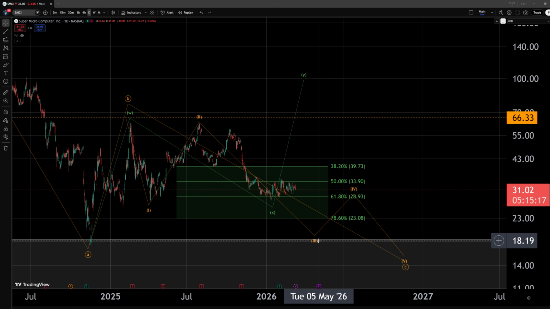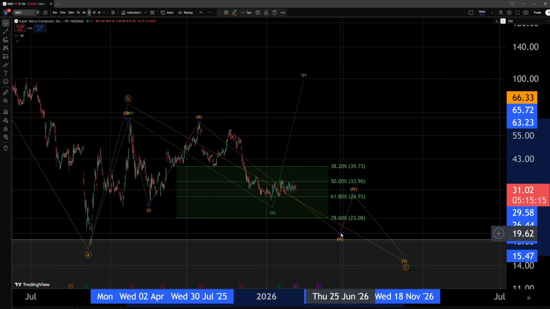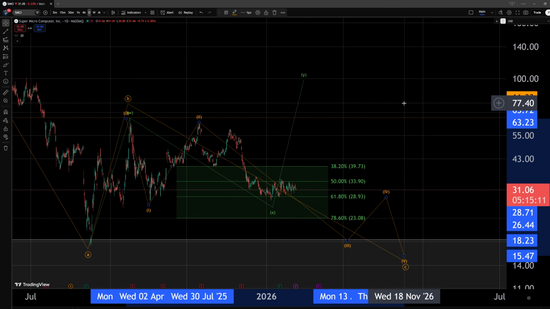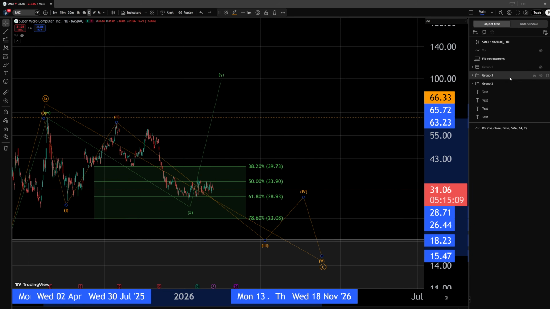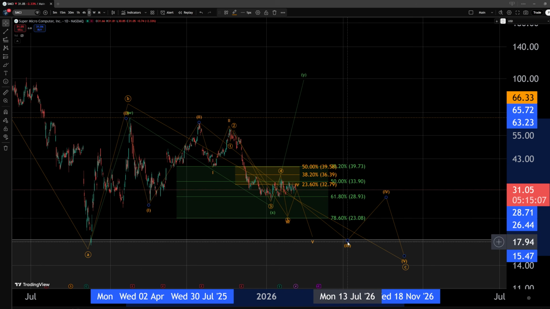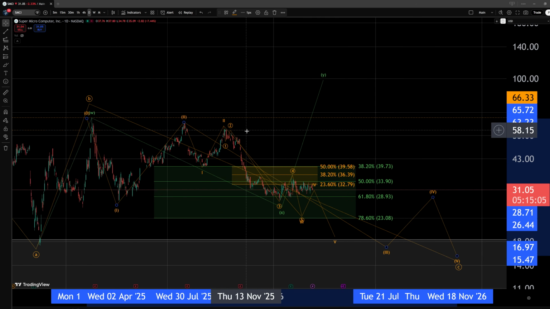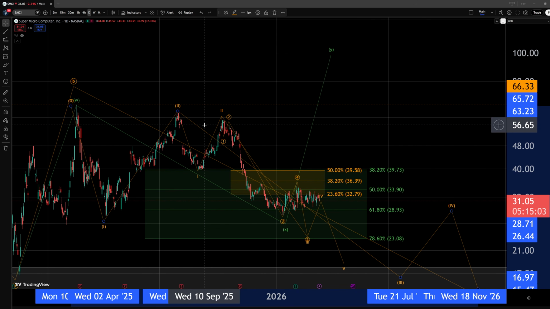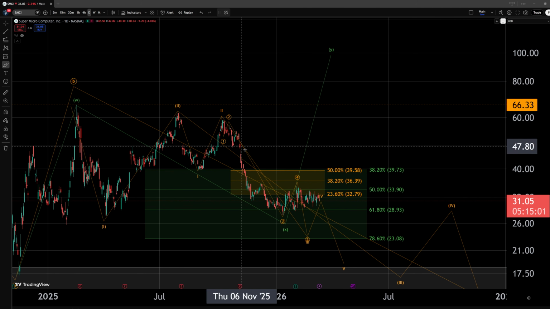Now, within this structure, we would actually have no issue reaching there, especially if we are to build an impulse within this area, as within this larger wave 3 we are able to even look for an extension of this structure.